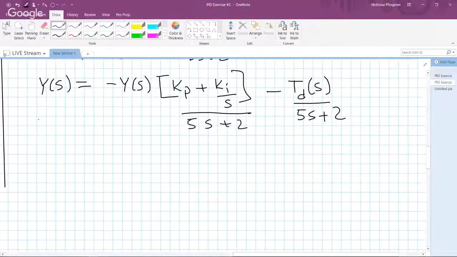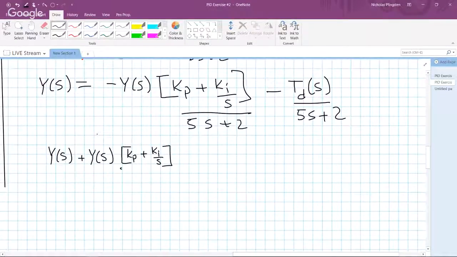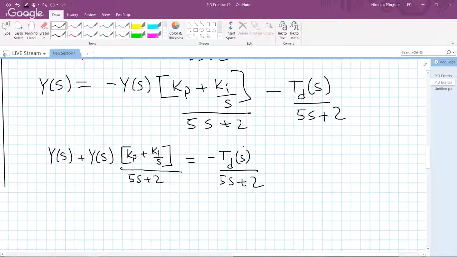So I'm going to bring that over. And then we're going to group these terms together.